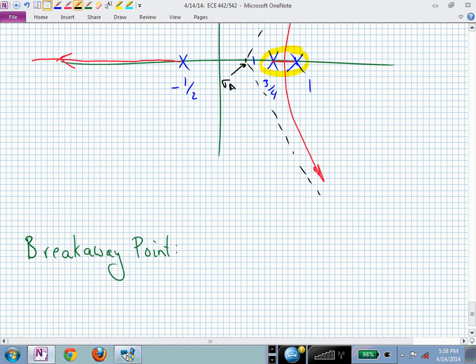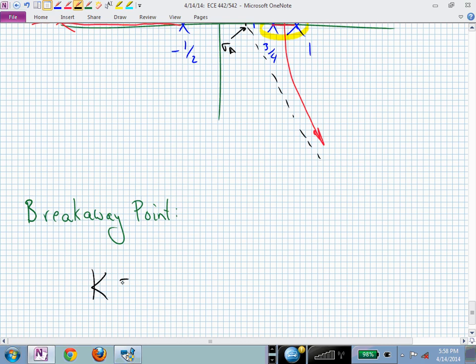Phase. So we have the magnitude condition and the phase condition, and in fact, we could use the magnitude condition for this one to find our expression for the gain, K. K is now going to be all of these pole distances divided by, let's say, the scalar and our zero lengths.